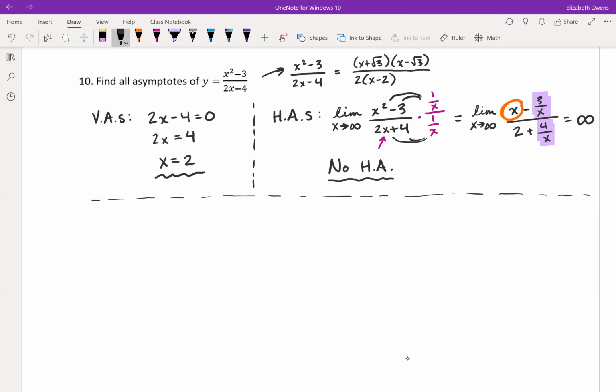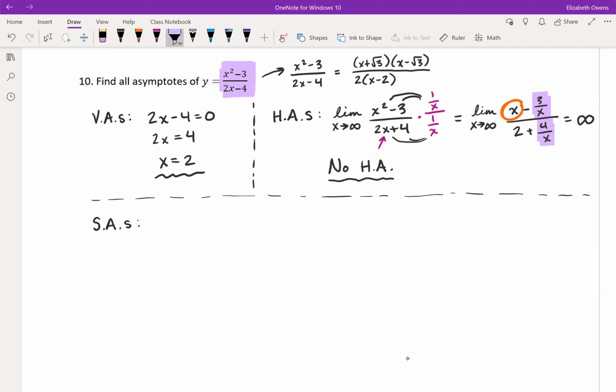And now we're going to see if there are any slant asymptotes. That might tell us about that behavior. And check it out: our rational function here has a numerator that is 1 degree higher than the denominator.